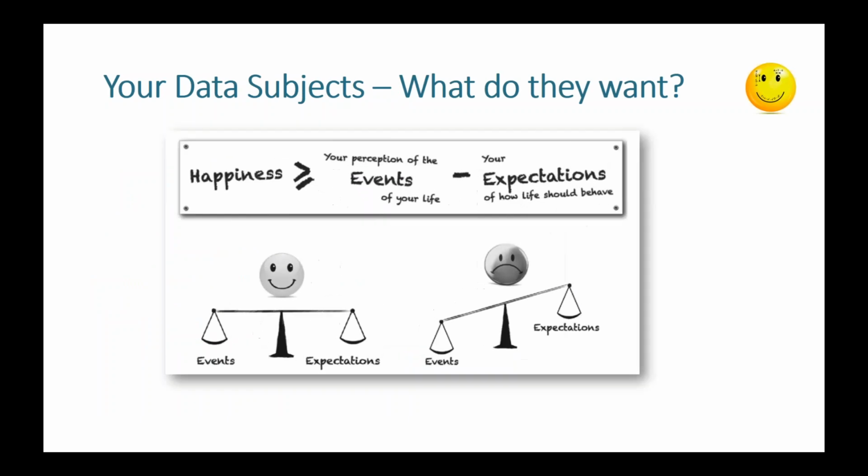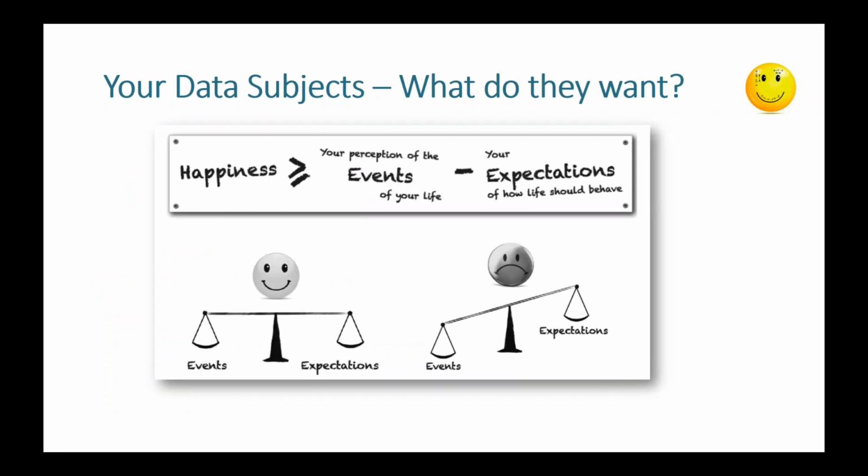So your data subjects, what do they want? Well, in my opinion, they just want to be kept happy. They want the trust that we are going to look after their data correctly. And again, another very interesting book that I've come across recently from a gentleman called Mo Gawdat.